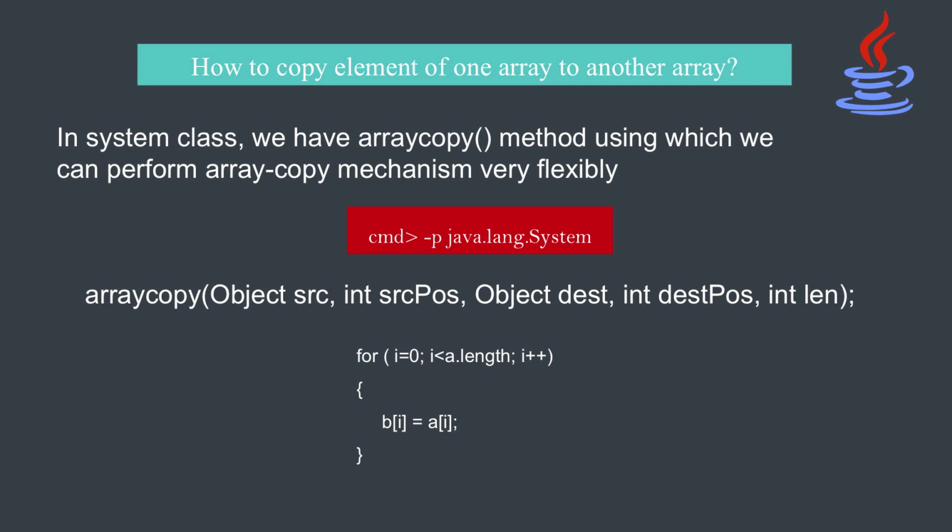Then the third parameter, the destination array, is an object; we have to pass array B as the input parameter, followed by the destination array index position, so from where in the destination array the elements need to be copied. And finally length. Length means the number of elements from the source array which need to be copied into the destination array.